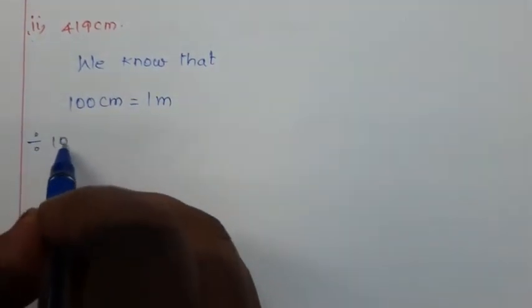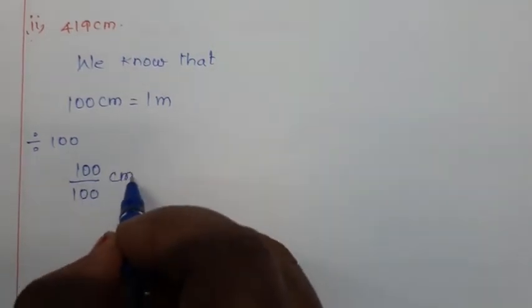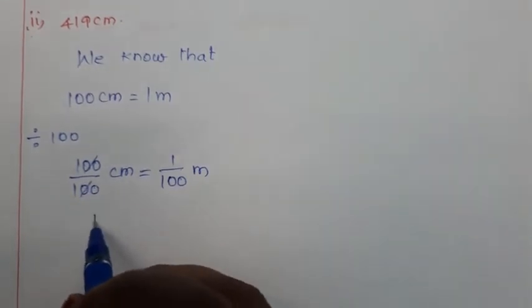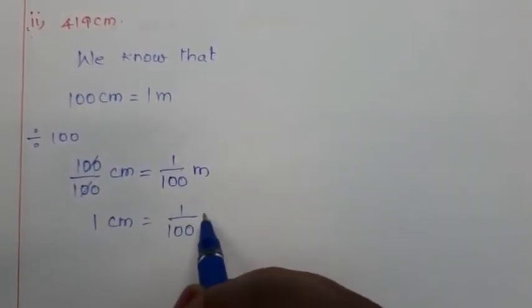Dividing by 100 on both the sides, we get 100 divided by 100 centimeter, which is equal to 1 divided by 100 meter. Dividing 100 by 100, we get 1. 1 centimeter is equal to 1 by 100 meter.